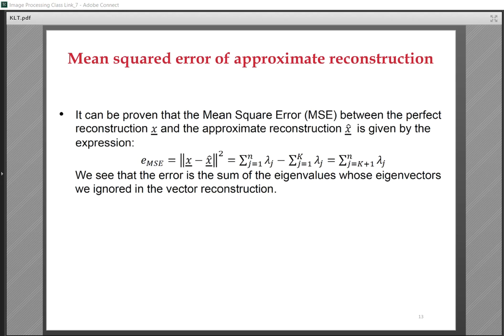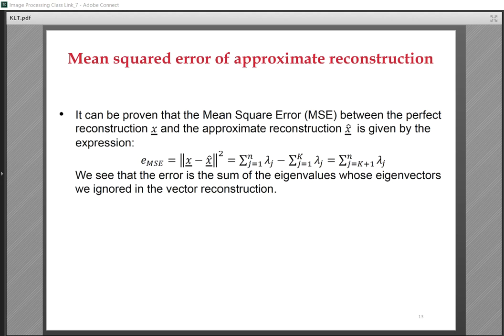lambda 9, lambda 10. But don't worry, because these lambdas are small lambdas. Large lambdas are, for example, lambda 1, lambda 2, lambda 3. Other lambdas, lambda 4, lambda 6, lambda 10, are small values. Small lambdas give a small error.